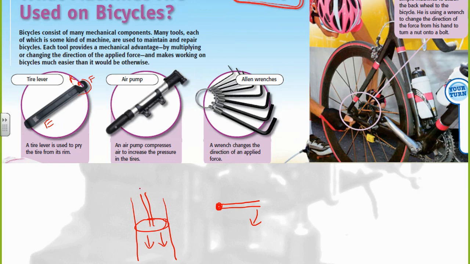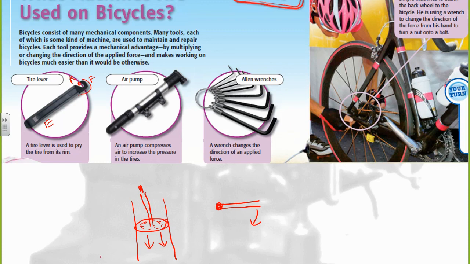You're putting force down in one area, and it distributes the force through this entire area. So I guess in some ways it kind of acts like a wheel and axle. But I'm not really sure what simple machine or compound machine this one actually is in terms of what we've been talking about. I think it's kind of a quandary to me. I don't know if it is a quandary to you or not.